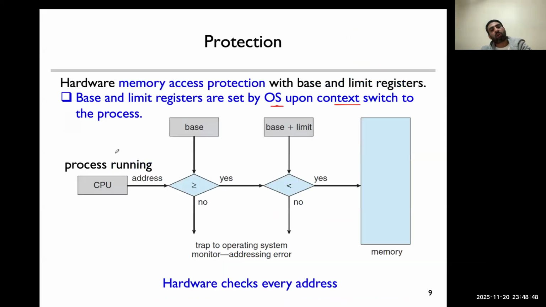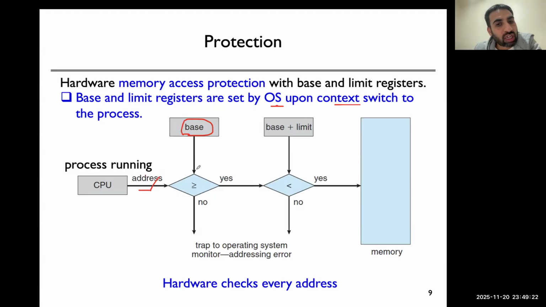Then during the execution of process B, all the addresses generated by the process are generated on the core and then sent to the memory. But before being sent to the memory, a check is made. First we check whether the address generated by the process is greater than or equal to the base value, the value stored in the base register.